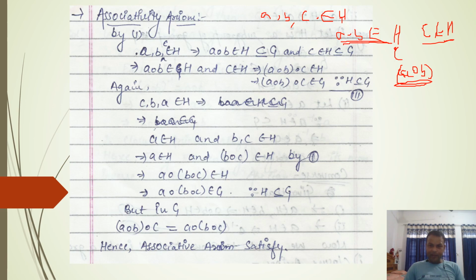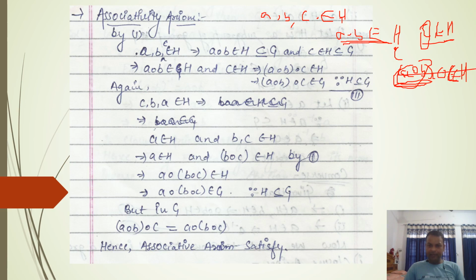And here we have assumed that there is one more element C. Now we can compose this result with this new element C. So we can say that A of B of C will belong to H.